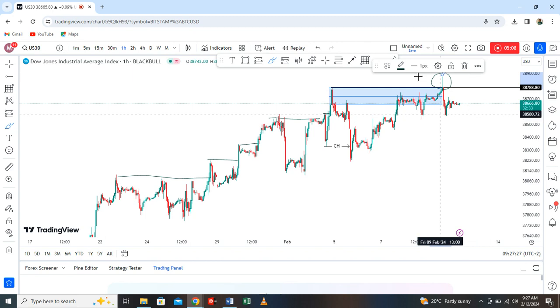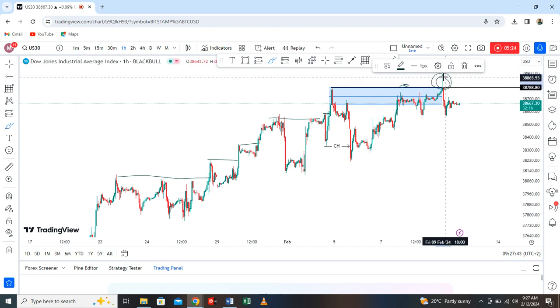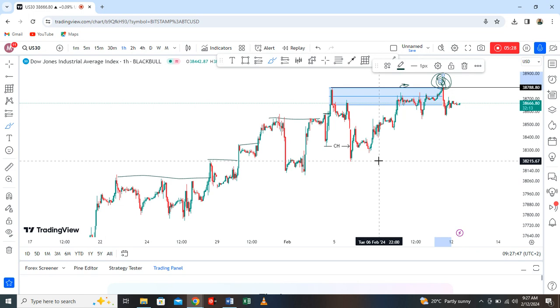This happens a lot when it comes to SMC. The institutions know very well that we're targeting the order blocks, and that our stop losses are always above them. So they do things like this to take a lot of orders out, and after that the price moves in the predicted direction.